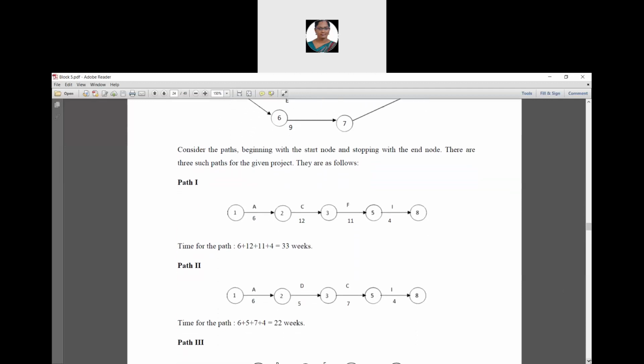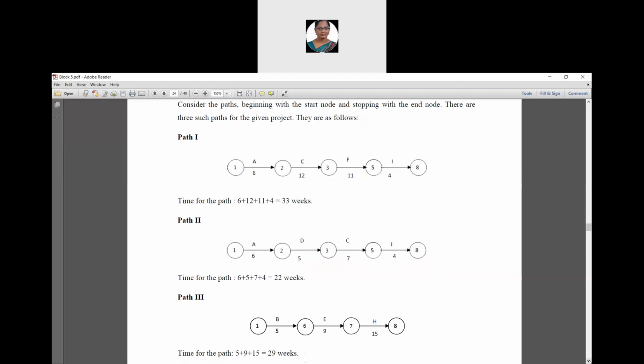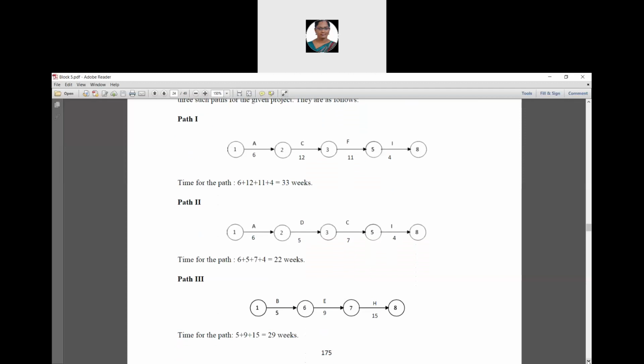So the time for the path is 6 plus 12 plus 11 plus 4, it is 33 weeks. Then path 2. It starts from the start node 1 and ends with the ending node 8.